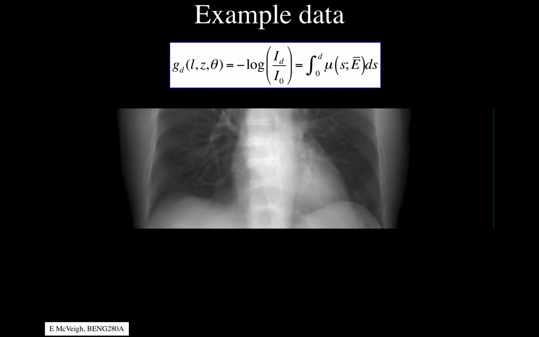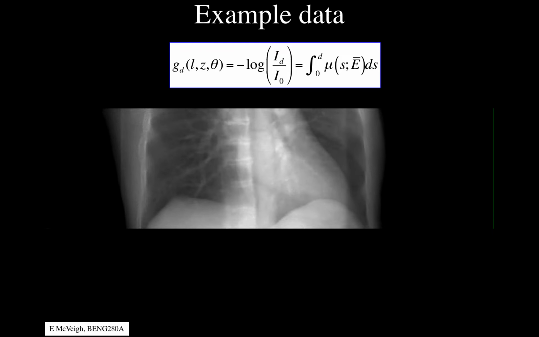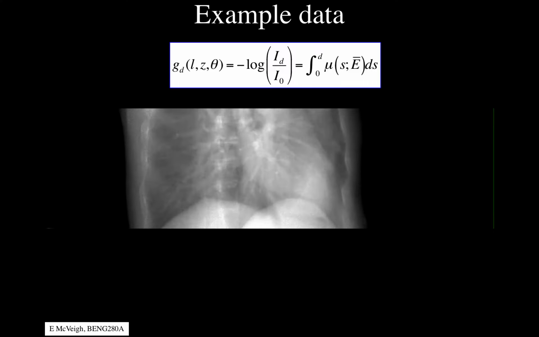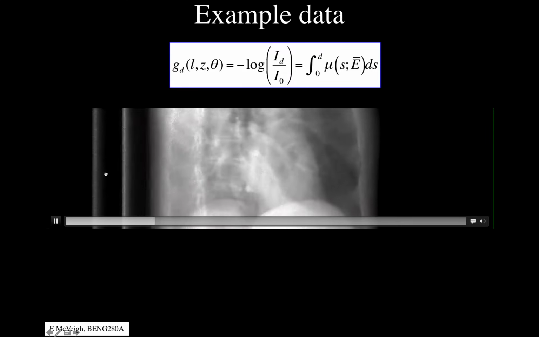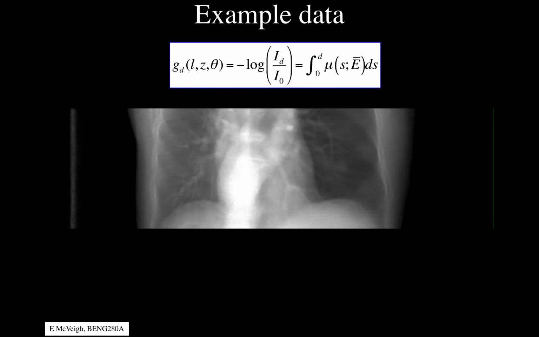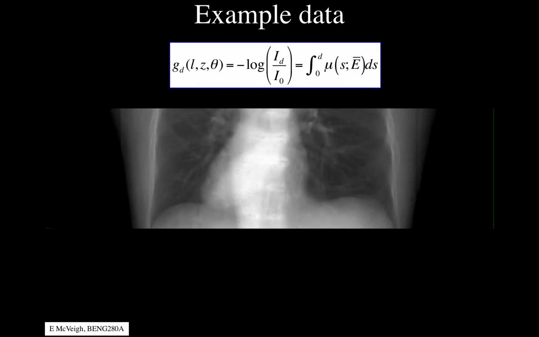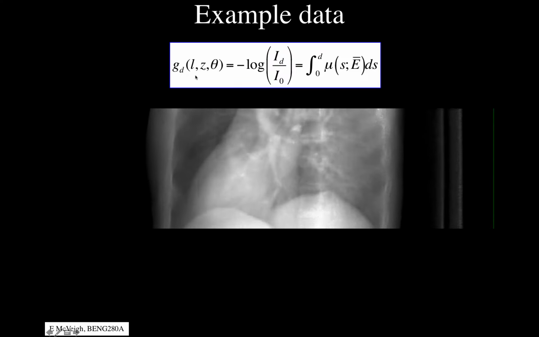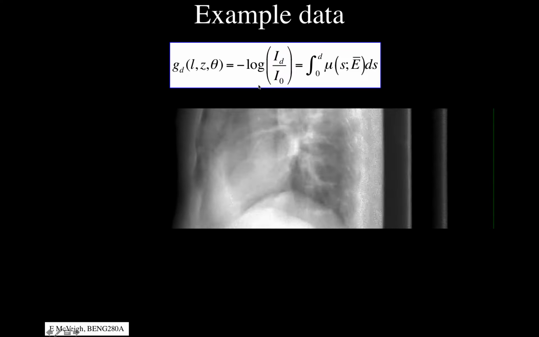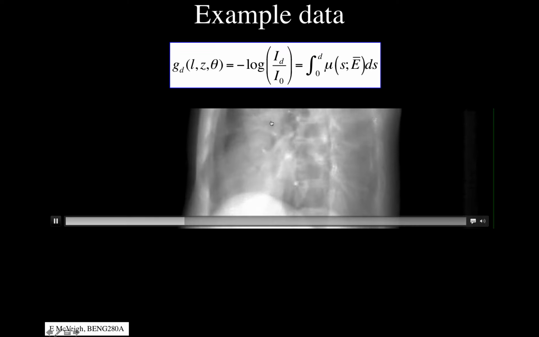Once the manufacturer has taken the raw data and done all of their corrections, they can give you back this data from which you can make a reconstruction of the picture. So this, again, is after the log and also after some corrections have been made.